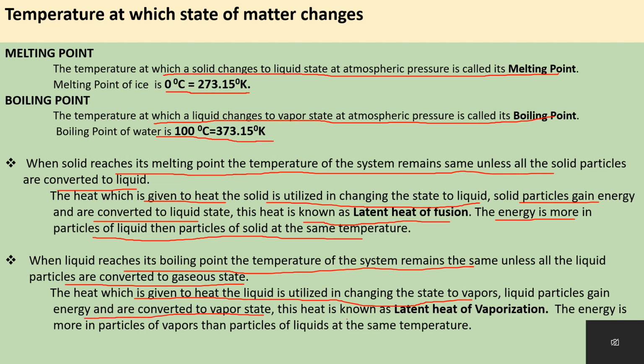This heat is known as latent heat of vaporization. Latent, as I told earlier, means hidden. So, particles of vapor have more energy than particles of liquid at the same temperature. That is why steam has more burning effect than water boiling at the same temperature.